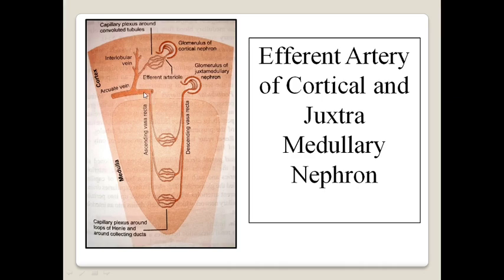And finally they drain either into the arcuate vein or into the interlobular vein, while the peritubular capillary plexus is formed by the efferent arteriole of the cortical nephron. You can say this capillary plexus around the PCT and DCT is formed again by the efferent arteriole.